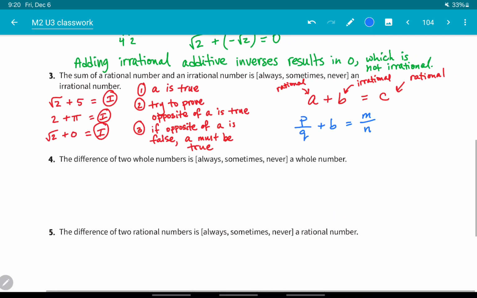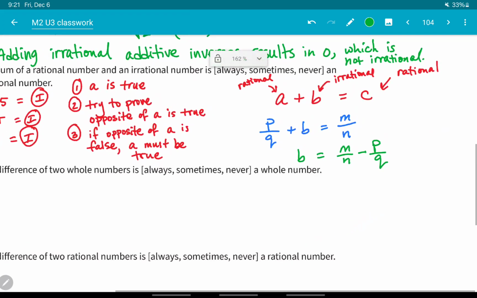Now what I'm going to do is get the B by itself by moving the P over Q to the other side. So I'm going to subtract P over Q from both sides. On the left, I still have B, and on the right, I now have M over N minus P over Q. And these are all integers, basically whole numbers that are either negative or positive. So now I need to combine these fractions.